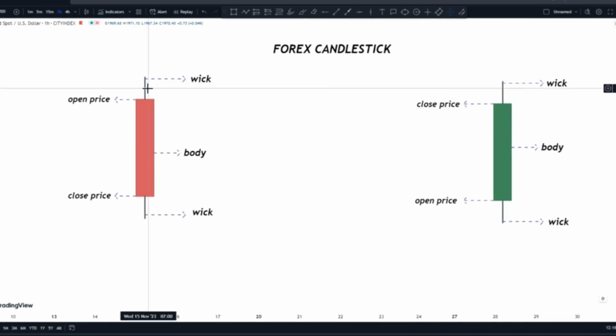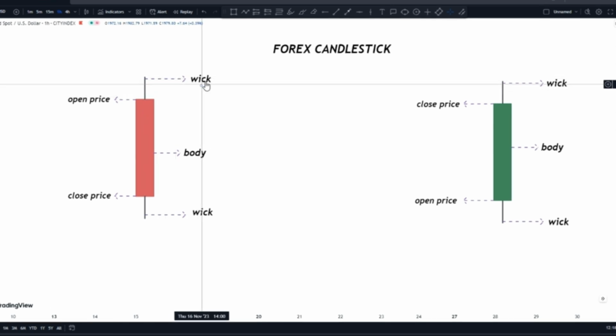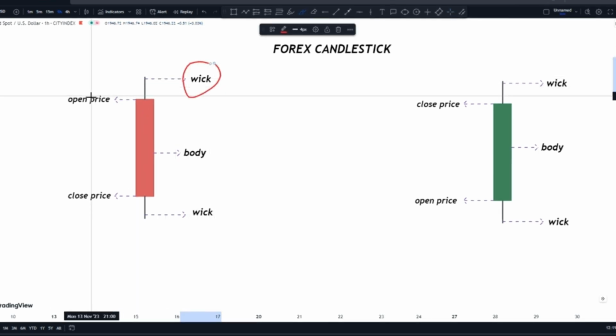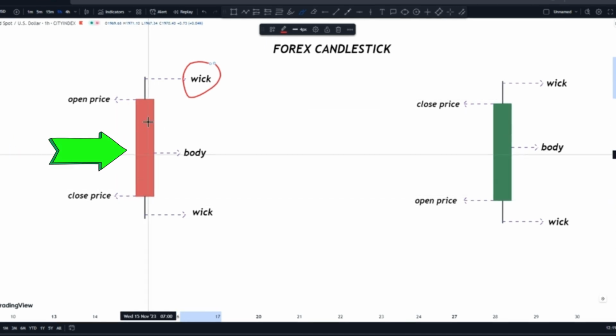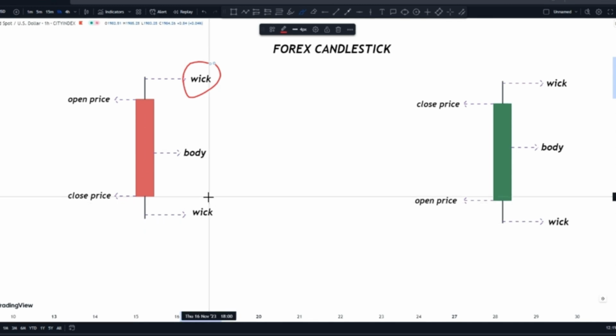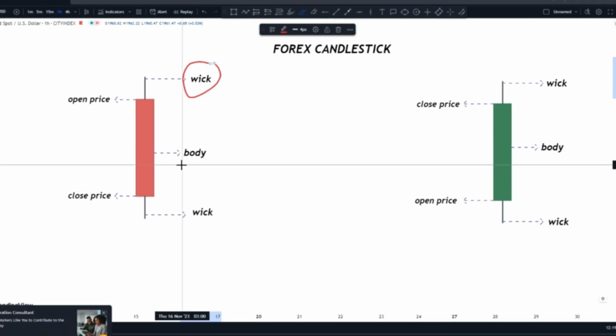This thing you see at the top here is called the wick, and this is the opening price. It means that this candlestick opened right here, went all the way down and closed right here. The thicker part you see is the body, and the small stuff you see below and above is called the wick. What is most important is understanding the logic behind it.